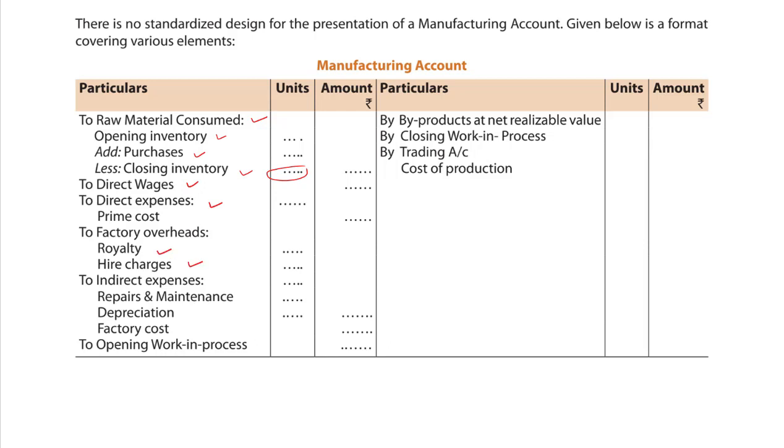Then factory overheads like royalty, hire purchases, indirect expenses, repairs and maintenance, depreciation, give factory cost, plus opening WIP. On the credit side, byproducts at NRV, net realizable value, closing WIP, work in progress, and by trading account, the cost of production is calculated. I believe you understood.